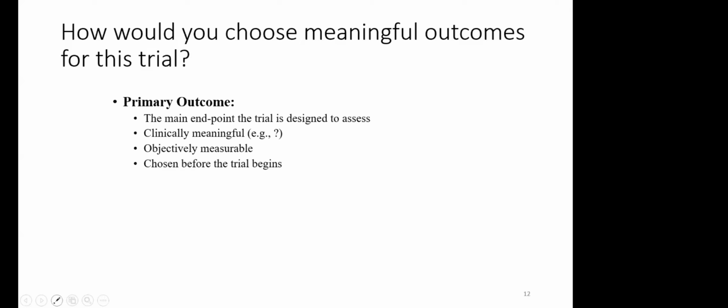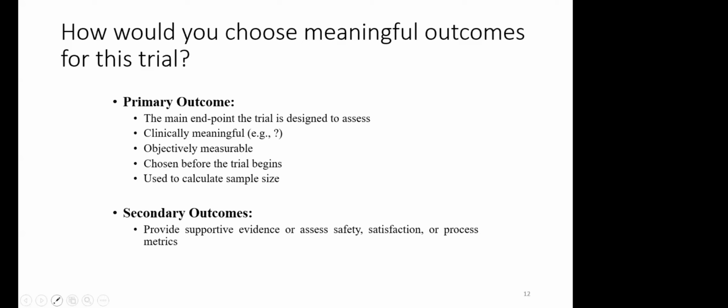And now the sample size required for this study is calculated based on the primary outcome. Then we also usually have secondary outcomes that just provide supportive evidence or assess the safety, satisfaction, or process metrics in the study.